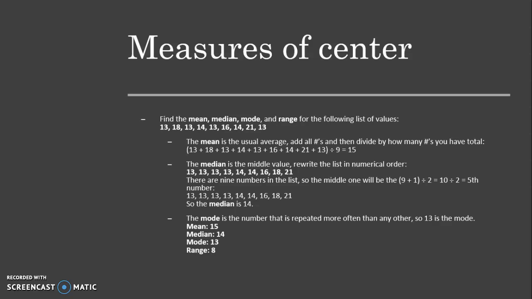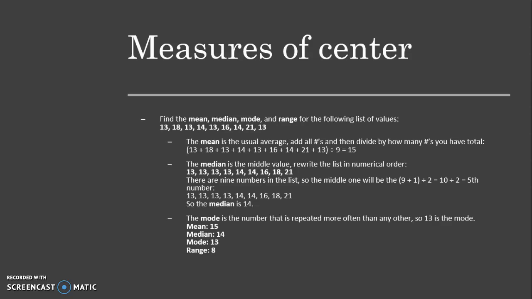First, we're going to find the mean, which is just another word for the average. And how you do that is you add all these numbers and you divide them by 9, and then you get 15. The median, you're going to find the middle value. The first step is putting them in numerical order.